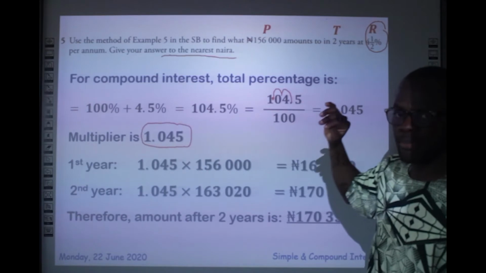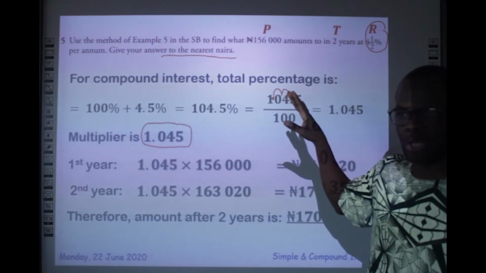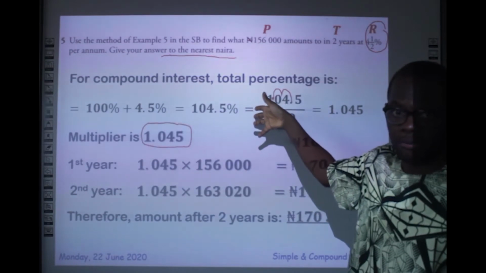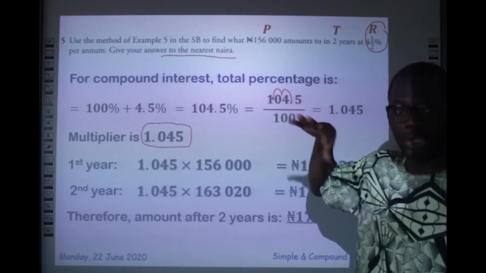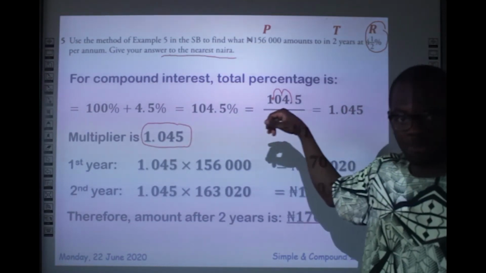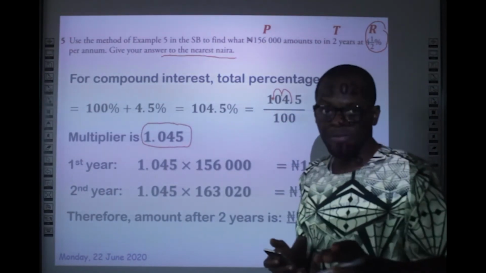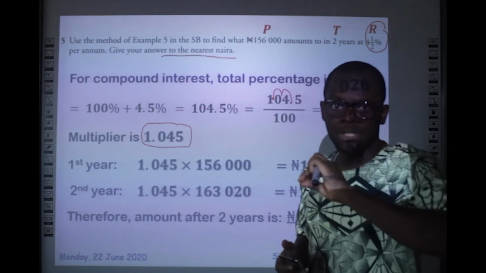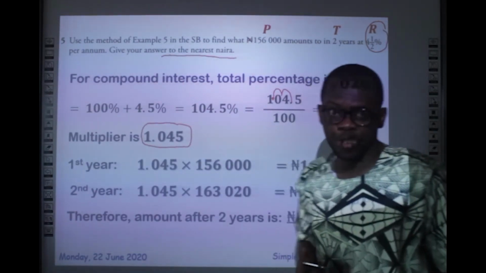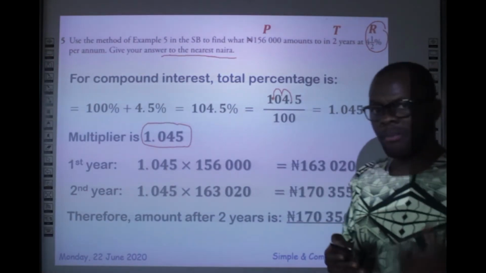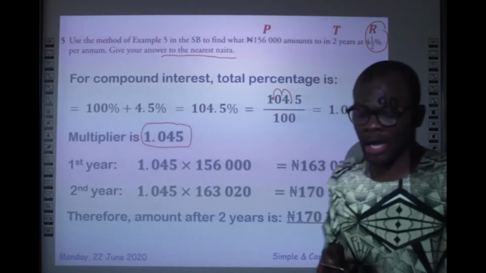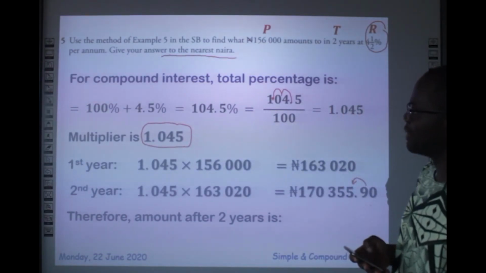We'll look at some more examples, and I want you to give the examples that follow next a try before you see the solutions I've got on the board. Hopefully, if your answer corresponds to mine, then you have understood how to solve questions involving compound interest. So let's see the next example.